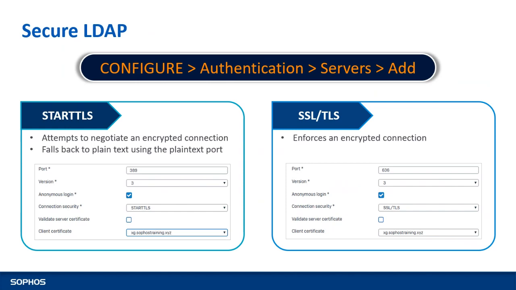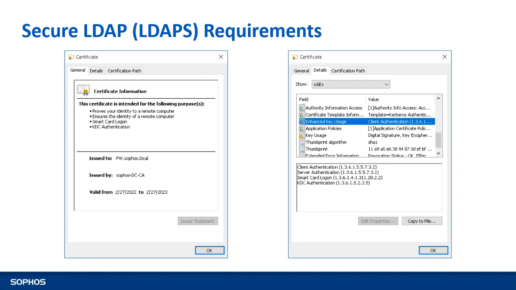STARTTLS uses the plain text port and will attempt to negotiate an encrypted connection. If this fails, then it will fall back to using plain text. SSL/TLS enforces the use of an encrypted connection. A client certificate is used to establish a secure connection.